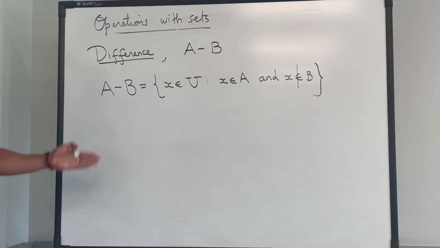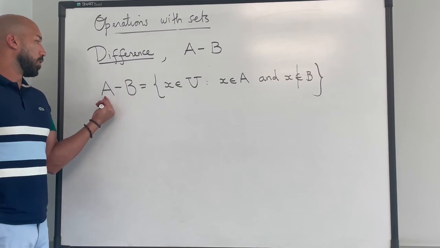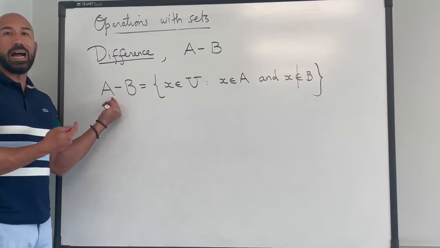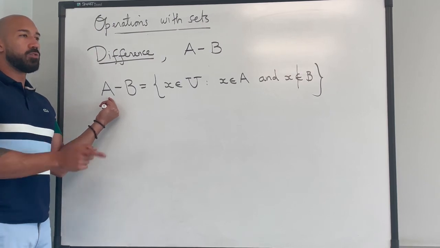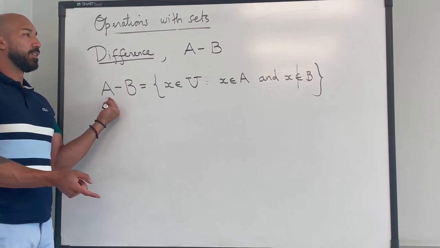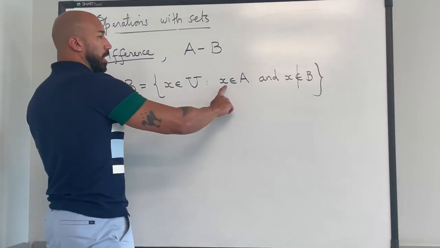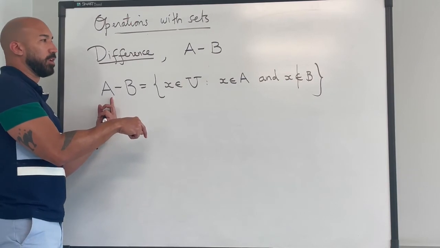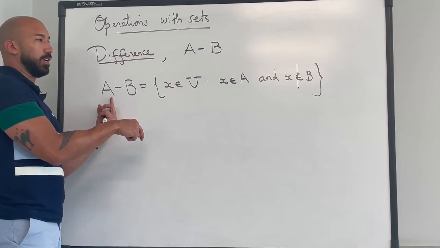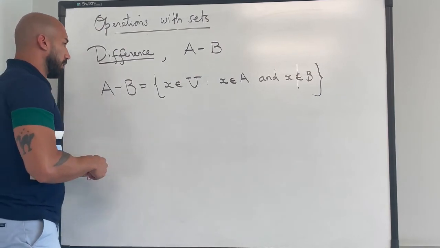Okay? Well, what we have to do if we want to compute the difference of two sets is we go over the elements in A and we ask every one of them, are you in B? If the answer is yes, we discard that element because we are just keeping the elements in A that are not in B. So, my friend, are you in B? Yes. Go away. No, we keep it. Okay?